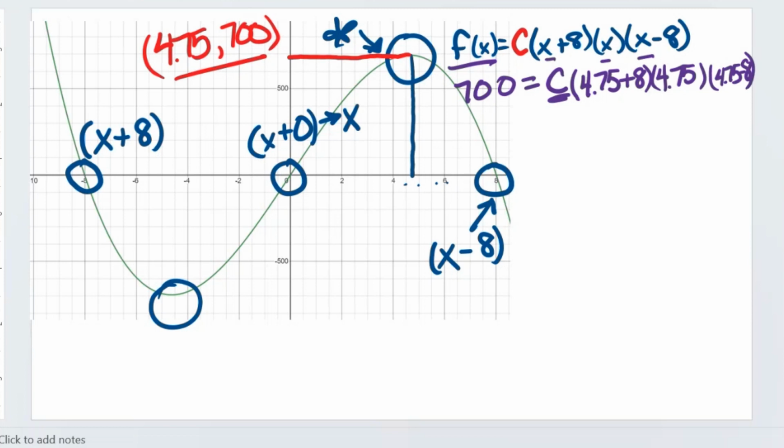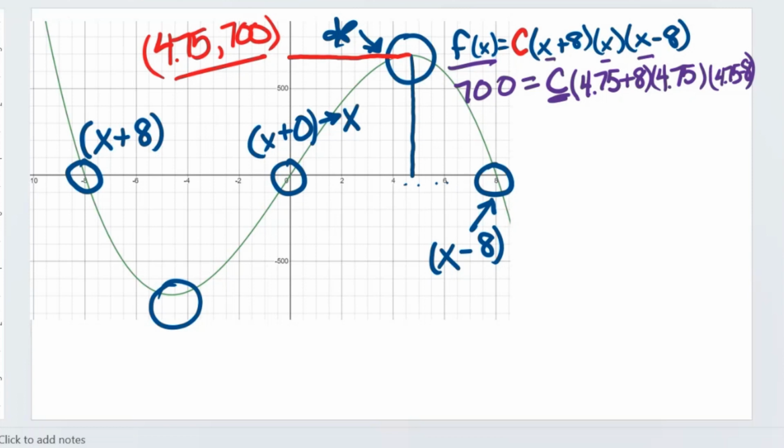All right, and then I'm going to take my calculator and try to simplify this problem. I can do this: 4.75 plus 8 times 4.75 minus 8, and make sure if you're putting it all in one step that you're putting those parentheses in because you want the order of operations.